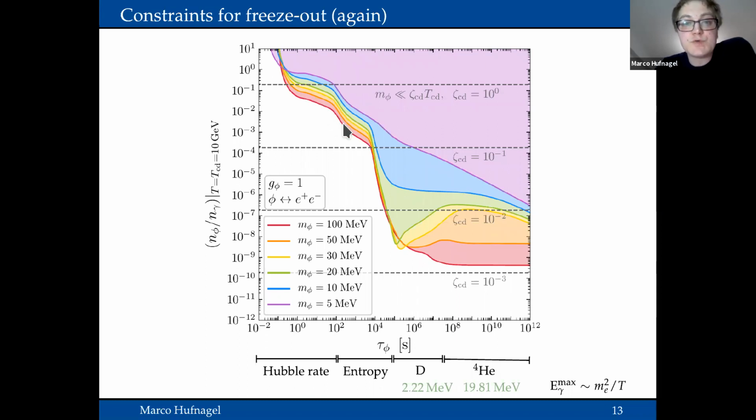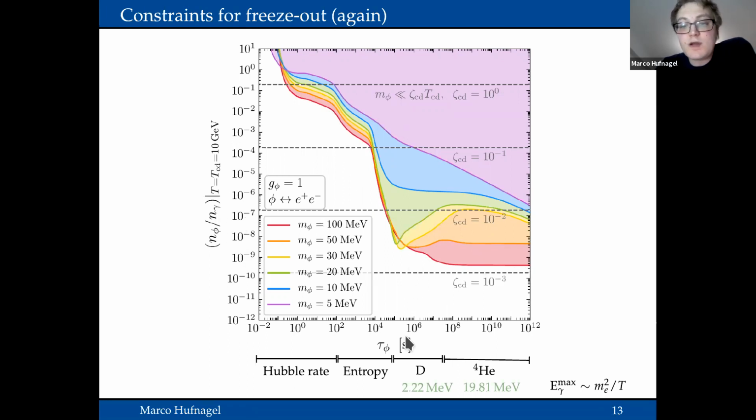However, if you then go to larger lifetimes, then at some point entropy injection and the baryon to photon ratio become important, which is why your limits start to become stronger in this region of parameter space. And then if you go to even larger lifetimes, then at some point photodisintegration kicks in and your limits become a lot stronger. And here you can really see that photodisintegration is able to probe even very small abundances, 9 orders of magnitude below the photon abundance.